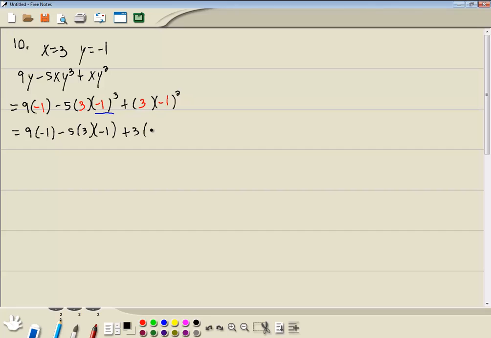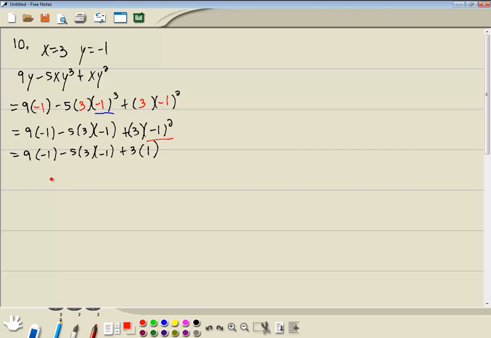Plus 3 times negative 1 squared. Please excuse, I'm still doing the exponent part. Our next exponent is this right here, negative 1 squared. So I got 9 times negative 1 minus 5 times 3 times negative 1 plus 3, and negative 1 squared is 1. I got rid of those parentheses around the 3 because they weren't doing anything anyway.